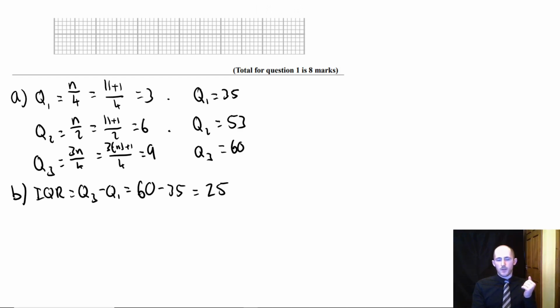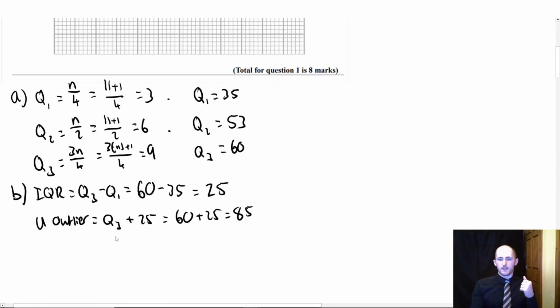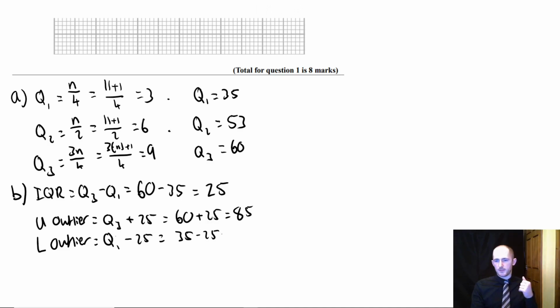Okay, so the upper bound for the outliers, I'm going to write U outlier just for upper outlier. It's going to be Q3 plus 25, so that is 60 plus 25, which is 85. And for smaller than Q1, the lower outlier is Q1 minus 25, so that's 35 minus 25, which is 10.